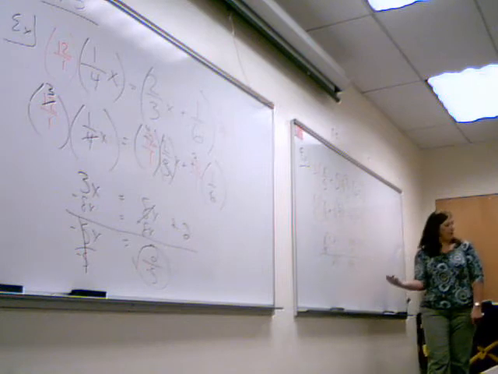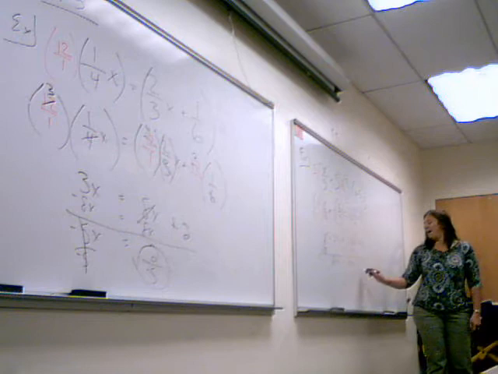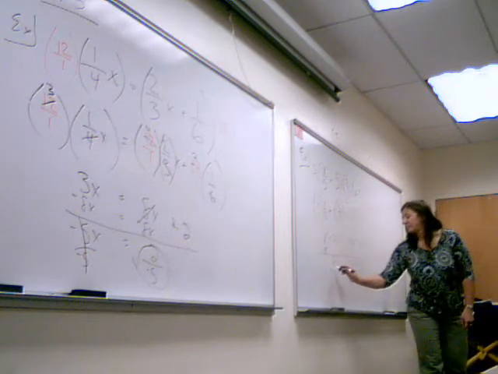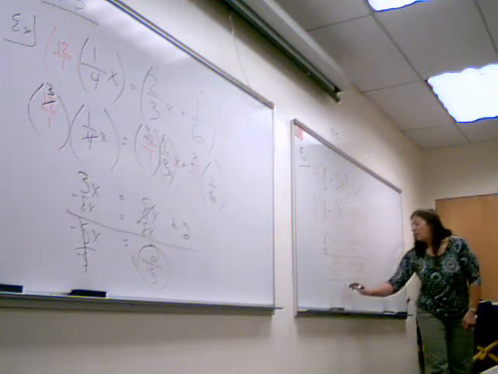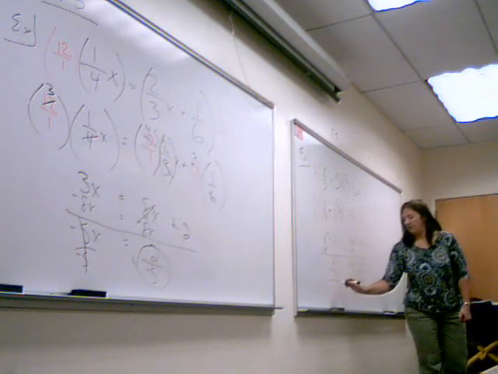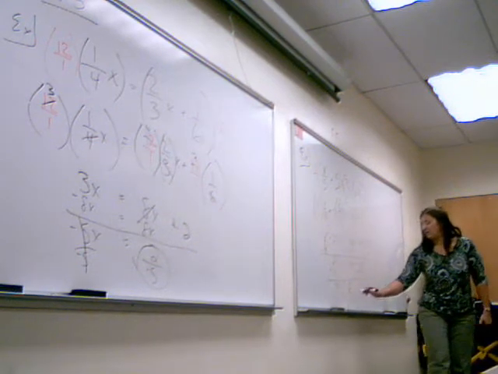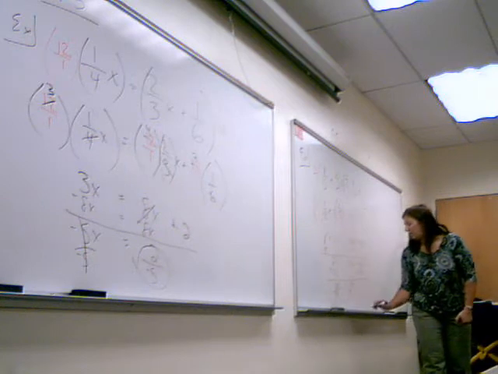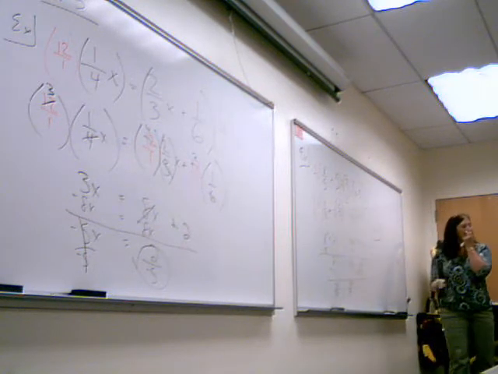And I've got to get this 45 over to the other side, so I'm going to add that. 25 plus 45 is 70. Then I'm going to divide by 14. What's 70 divided by 14? 5.